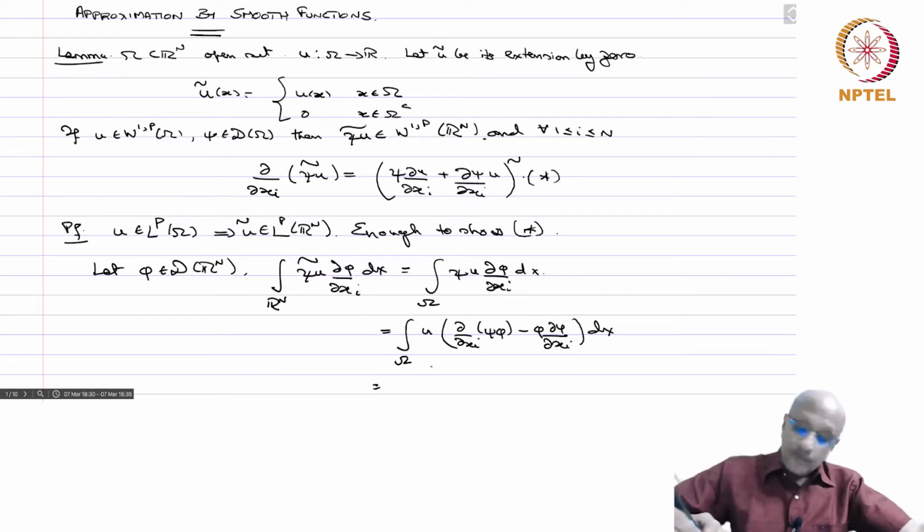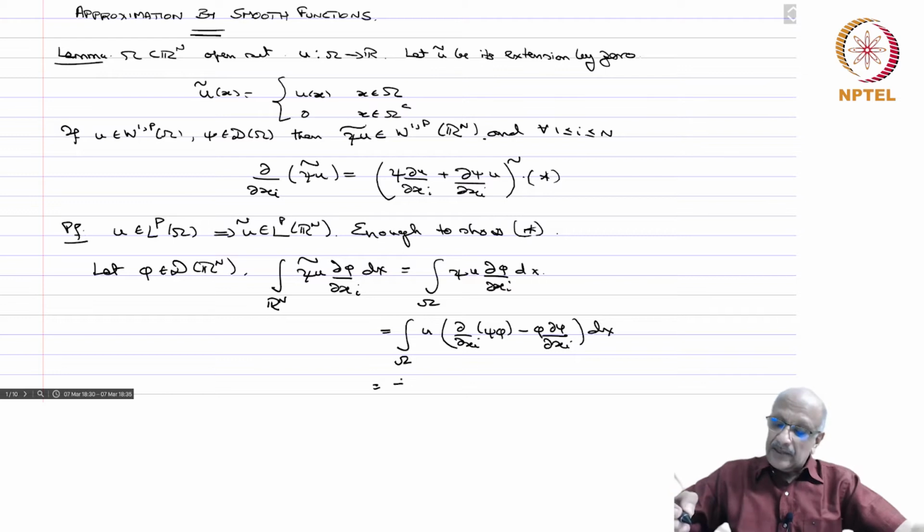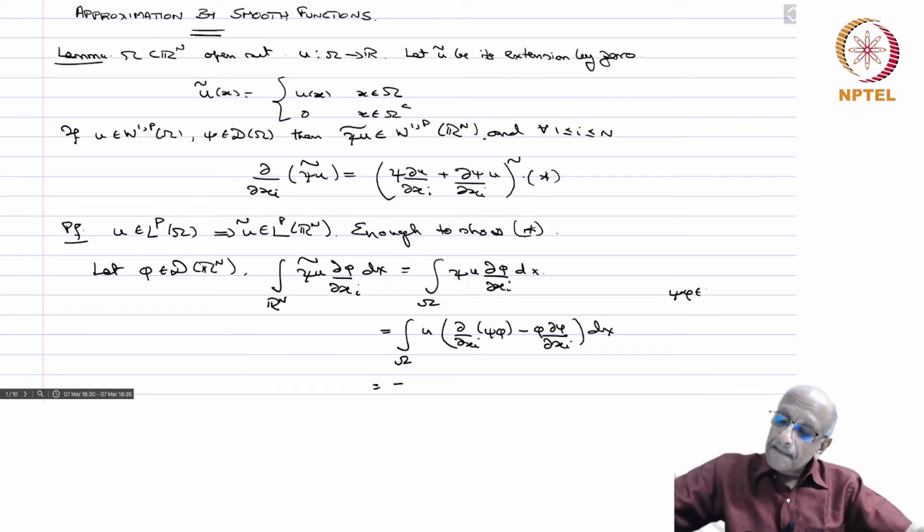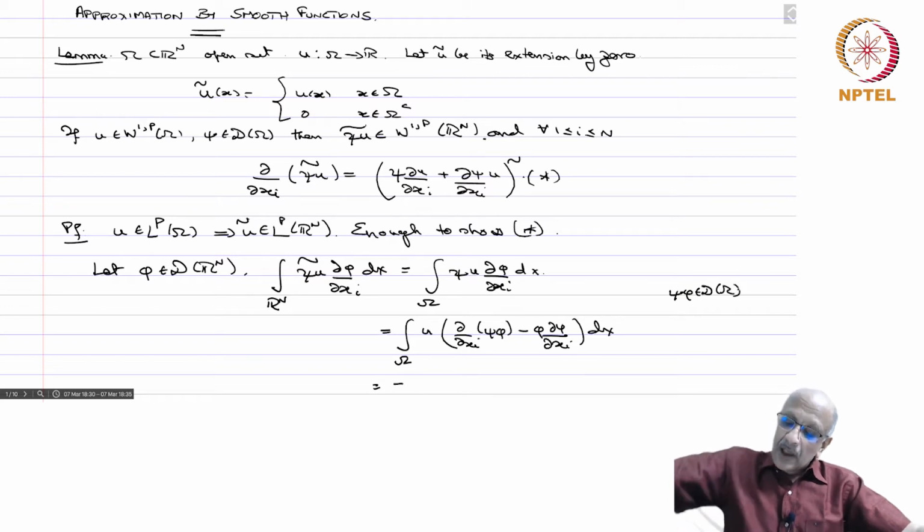Now if I write this as minus of, since psi phi belongs to D(omega), I have u times the derivative of a D(omega) function.